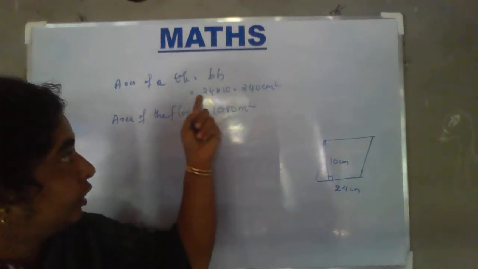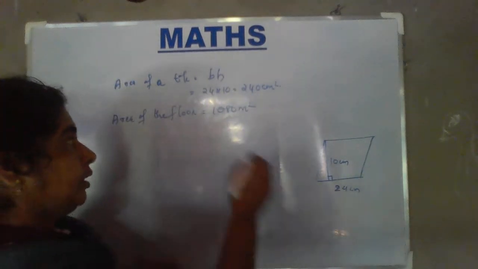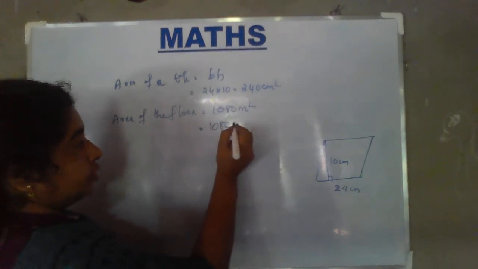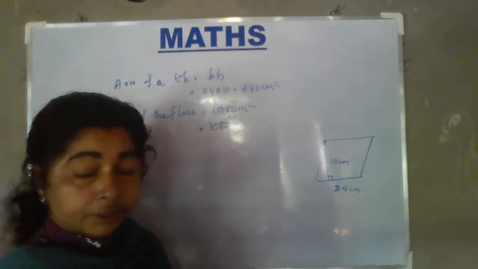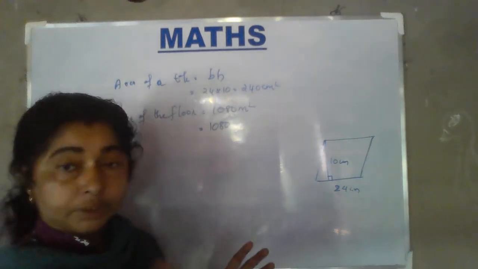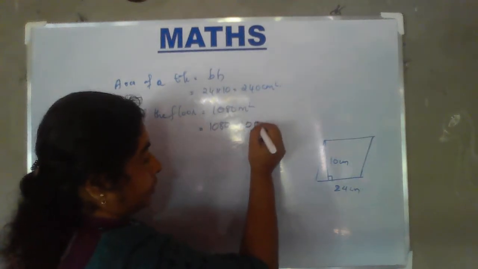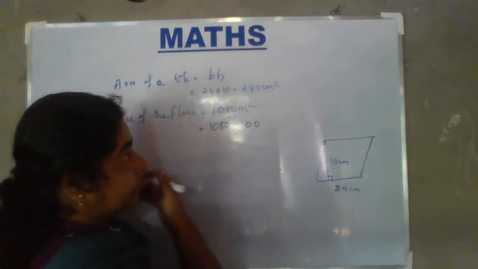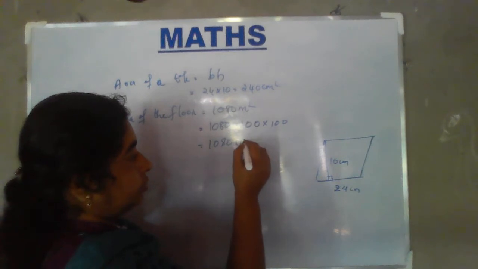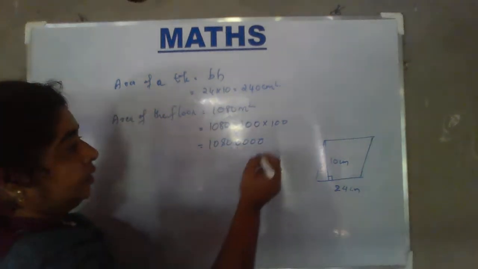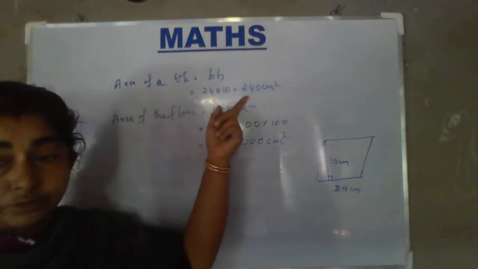But here the area of tile is in square centimeter, so we change this square meter into square centimeter. To convert meter into centimeter we multiply by 100, so square meter into square centimeter we multiply by 100 into 100, that is 10,000. So 1080, then put 4 zeros, square centimeter. That is the area of the floor, and area of a tile is 240 square centimeter.